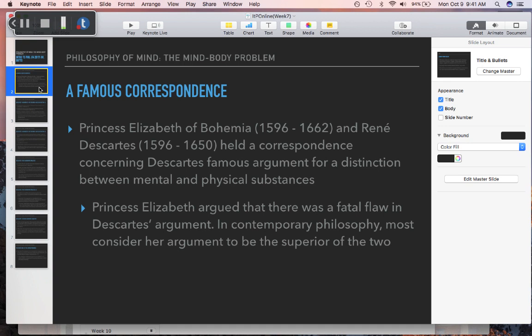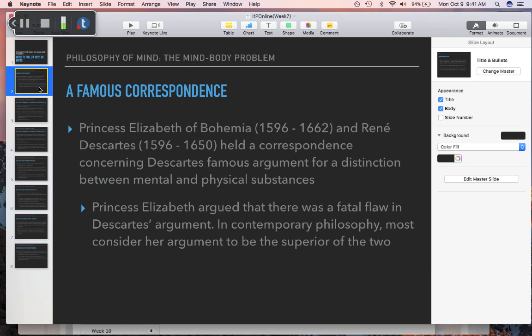Descartes is a French writer, and Descartes is most famous for the phrase, "I think, therefore I am," right? So you've probably all heard that. That is from his work, Meditations on First Philosophy. And he's trying to argue against the radical skepticism that we looked at a couple weeks ago.